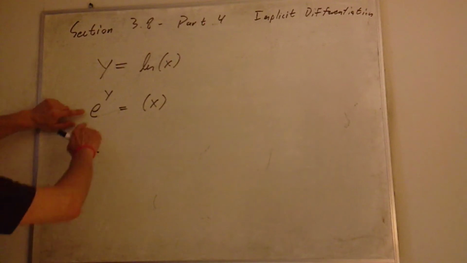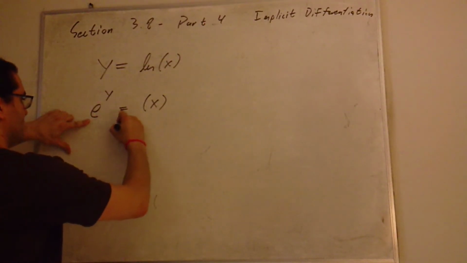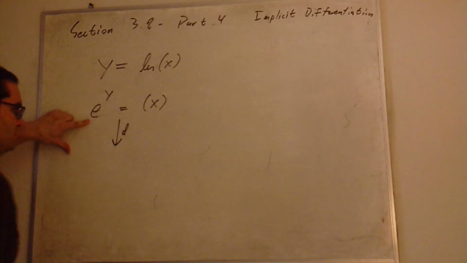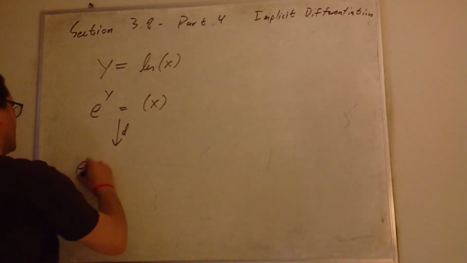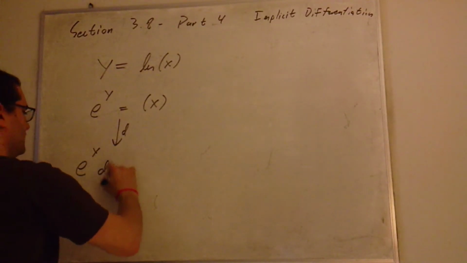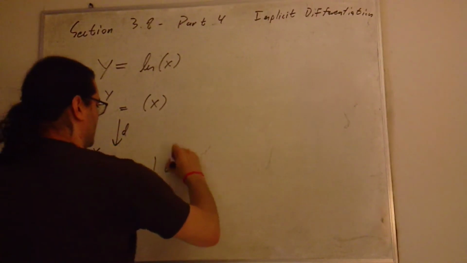And we do know the derivative of e to the y. So this is something that we can take a derivative of using implicit differentiation. And this is why the section comes after 3.8 in the textbook, because they think you need implicit differentiation to do this. So the derivative here, e to the y turns into e to the y dy, x turns into 1 dx.